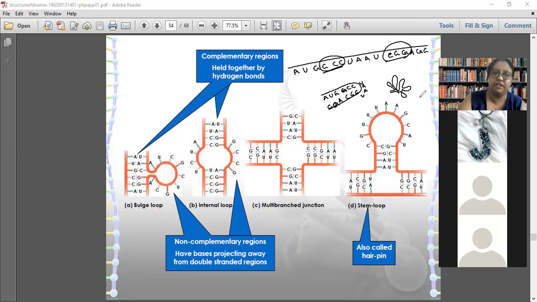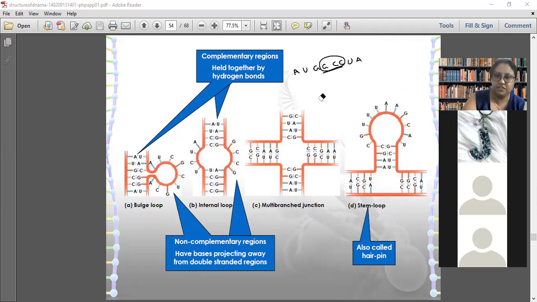So the structures described here are different types where loops are formed or there is formation of a bulge. Why bulge? Because this part is complementary, this part is complementary, but this part is not. So this part stays away from the other, so it's a bulge, whereas the complementary part forms a structure like this.